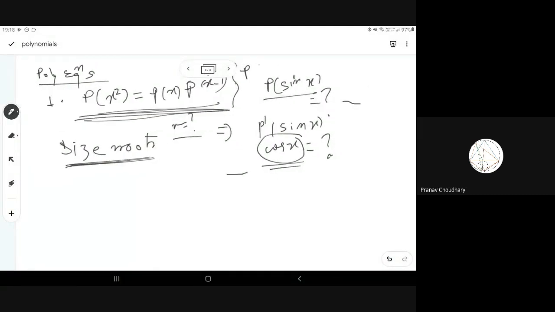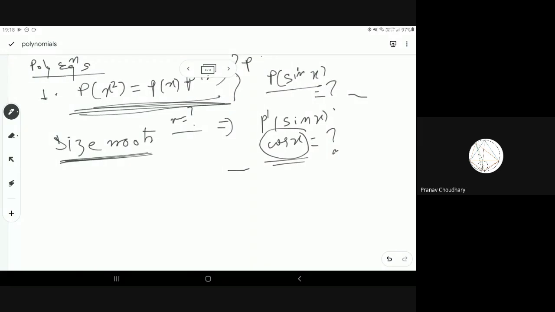Another important thing, which I'll show in a problem: often you are asked to find solutions to some functional equation, and the solution p of x happens to be a polynomial of some lower degree solution.